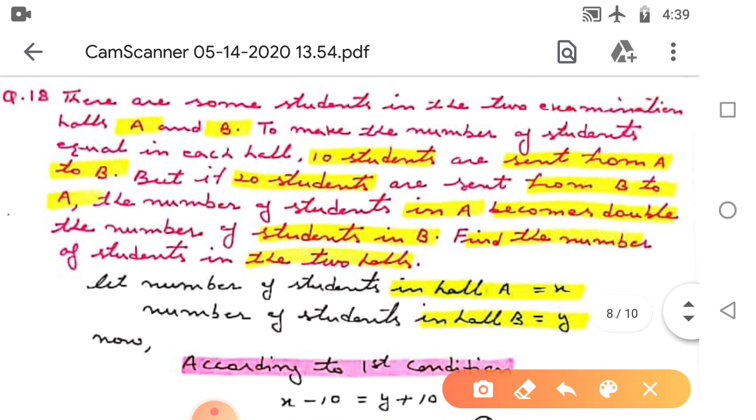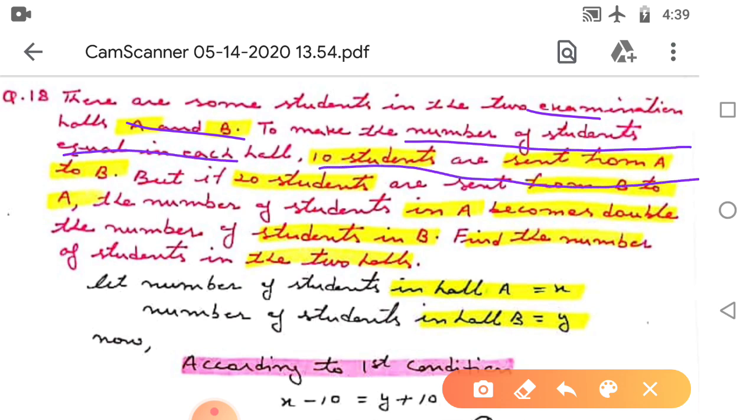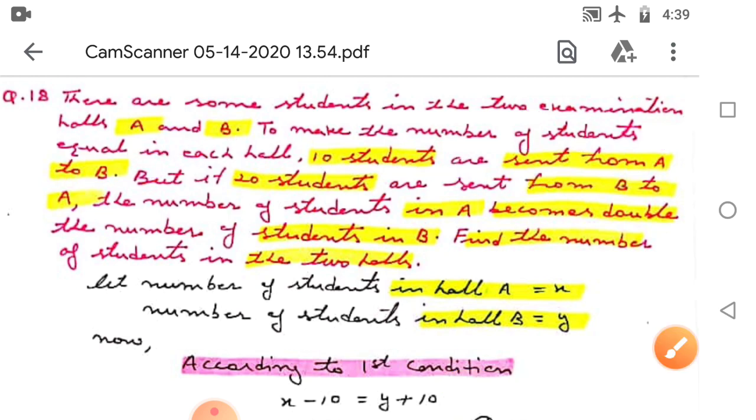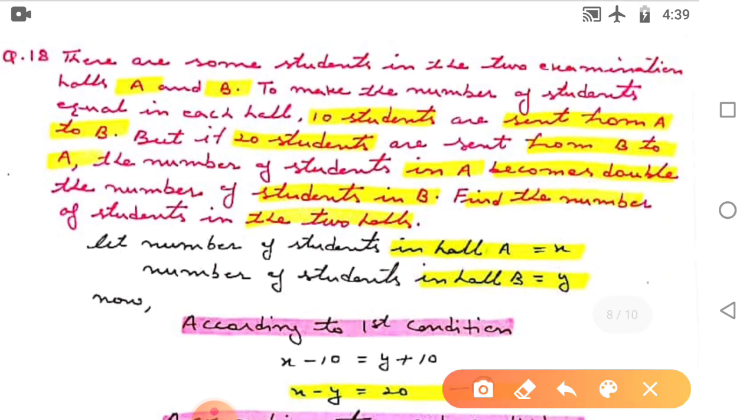Once again, look here. There are some students in the two examination halls A and B. To make the number of students equal, 10 students are sent from A to B. When we say let the number of students in hall A be x and hall B be y, and 10 students are sent from A to B, the number of students now in A is x minus 10 and in hall B is y plus 10.